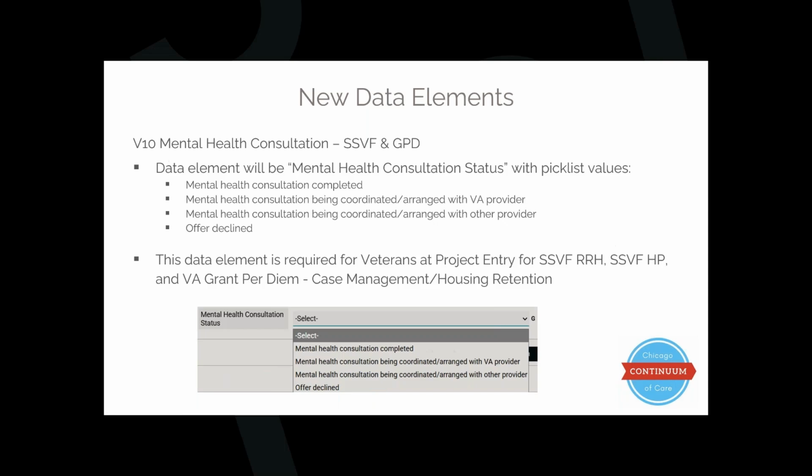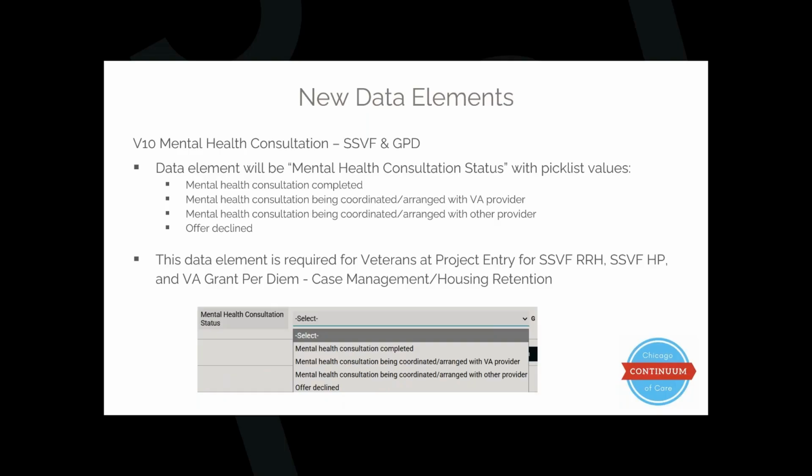Okay, so the next question is going to be mental health consultation. Again, this is going to be for SSVF and also GPD. So the new data element will be mental health consultation status with the pick list values of mental health consultation complete, mental health consultation being coordinated, arranged by VA provider, mental health consultation being coordinated, arranged by other provider, and then offer declined.